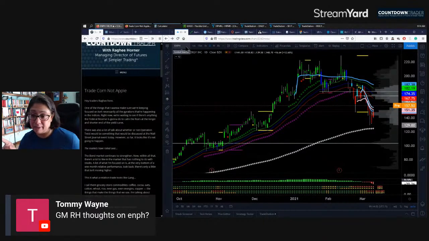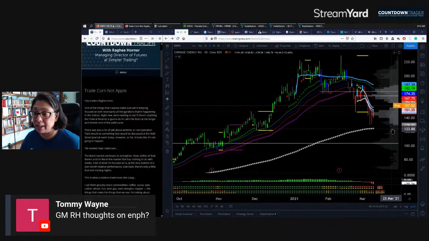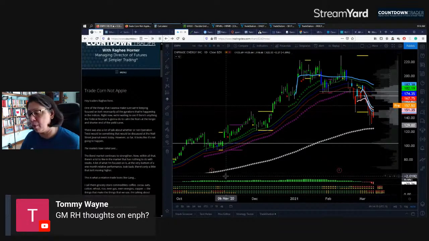One thing it does have is the proximity to the 200 exponential, and we are not double red. So if you're thinking, could we get a bounce off that 200 EMA? I'd like to find some volume closer to that level. It seems to be sitting up around 150 to 144. But the 200 exponential is a very good technical level for a potential bounce.